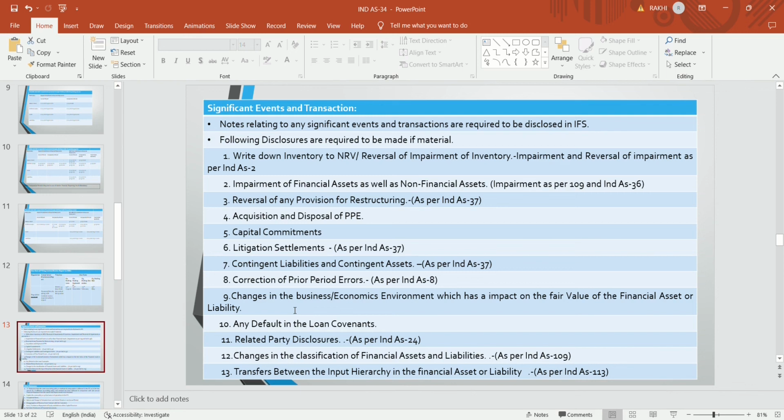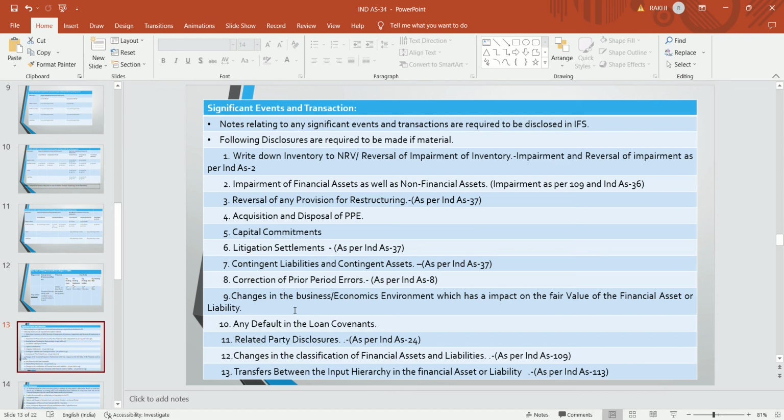Suppose 1000 is not material if the turnover of the company is in crores, but if the transaction is of crores, then it is material. If the transaction or event is in crores, then it is material. Even if the transaction is in lakhs, it can also be material.